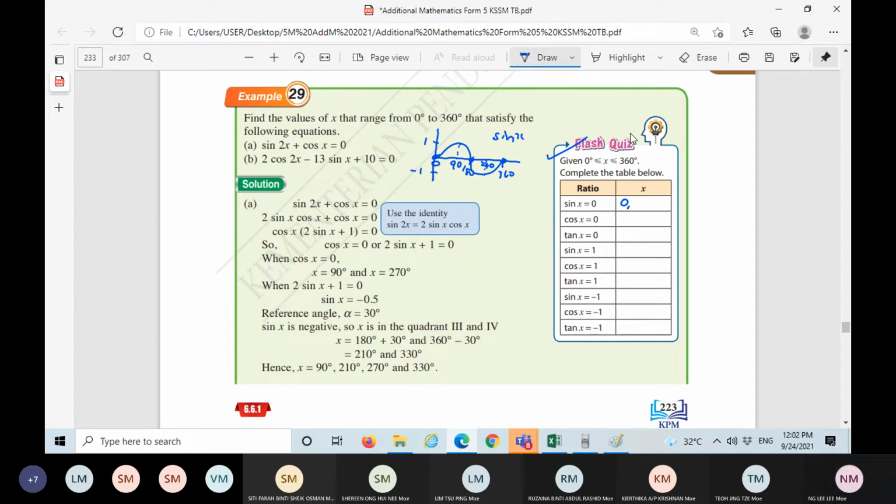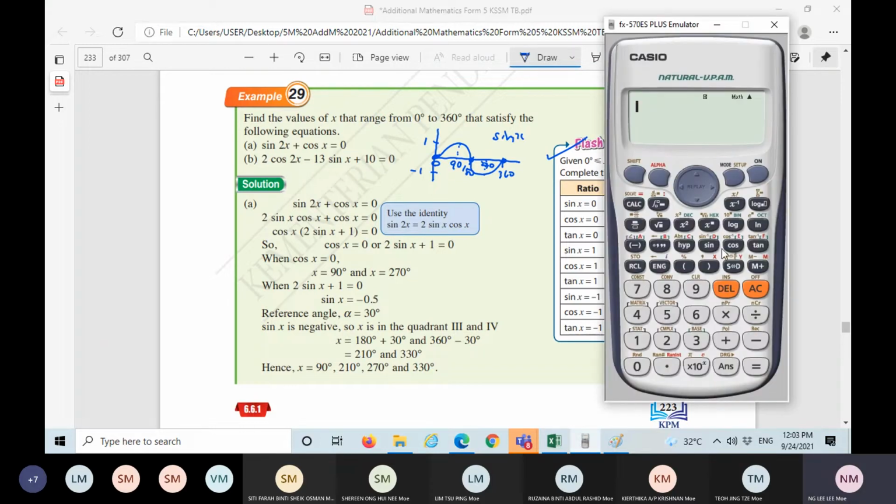What is the meaning? You see, sine 0 is 0, sine 180 is 0, sine 360 also 0. So this is the true answer.